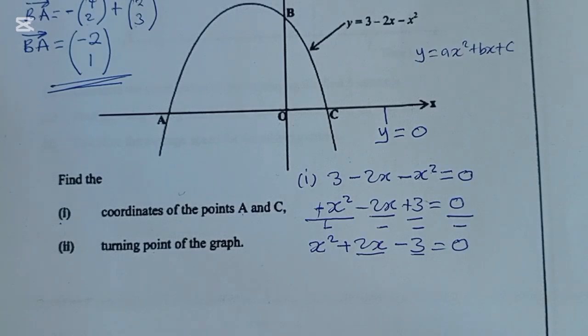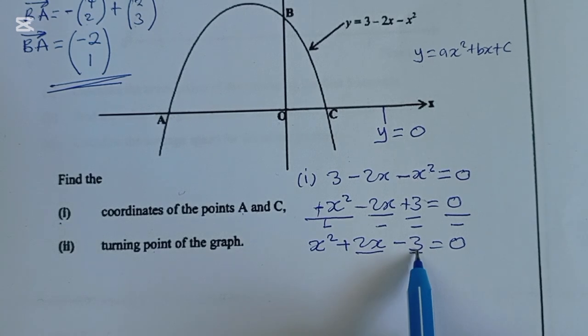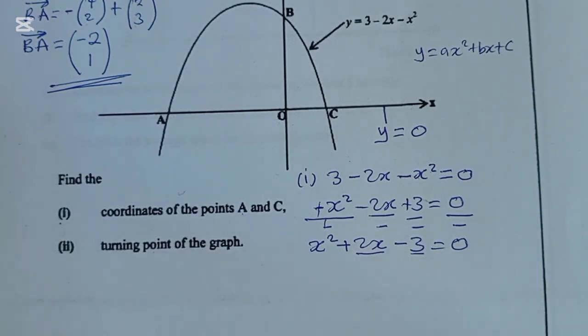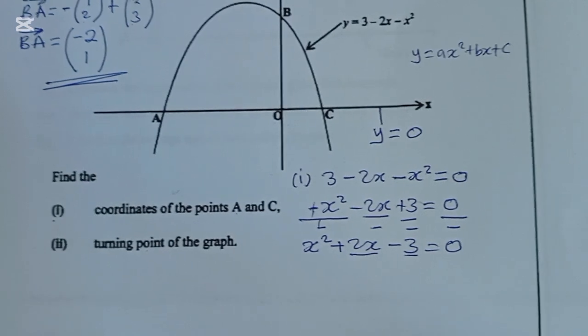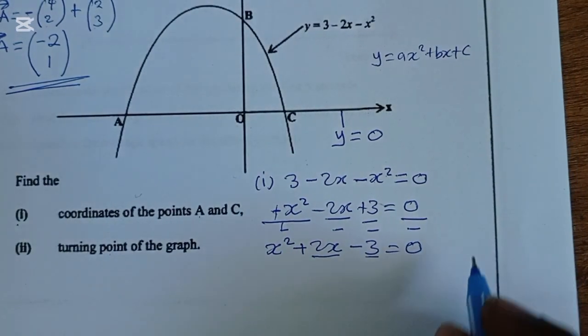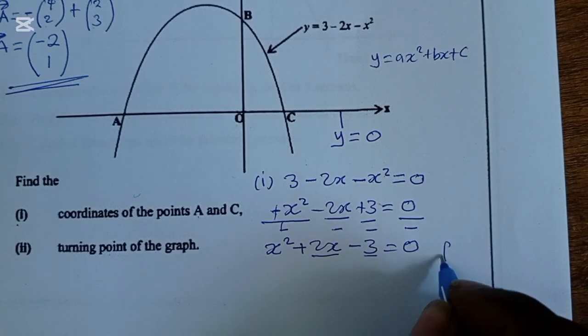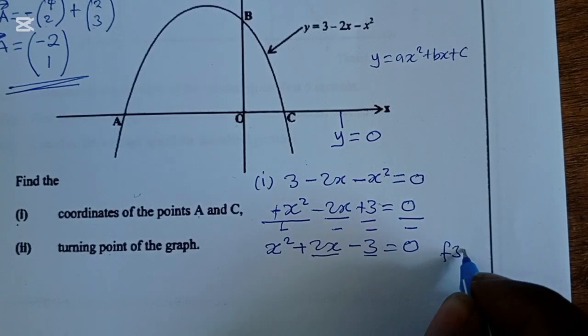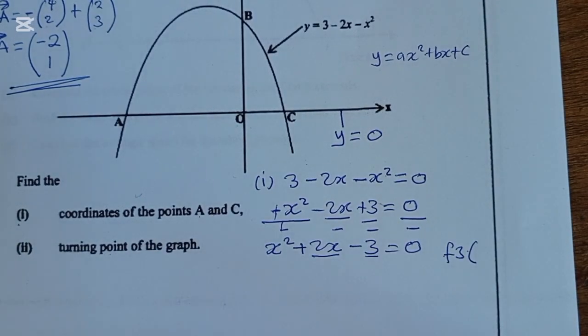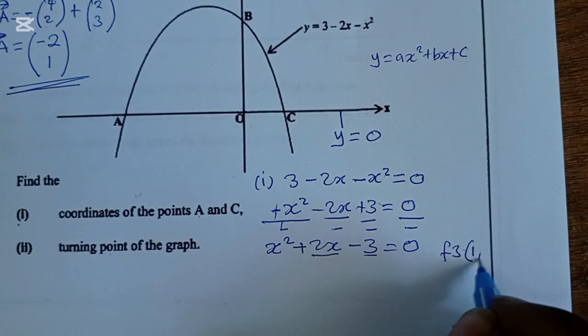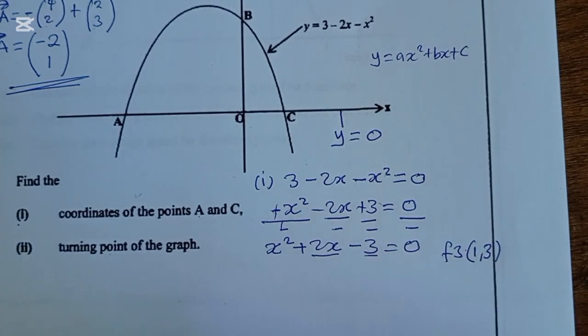So I'm going to find the factors of 3, which is the product. Factors of 3 are numbers that can go into 3 without leaving a remainder. So factors of 3, we have 1 and 3.